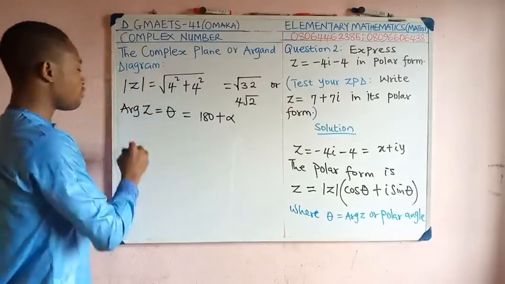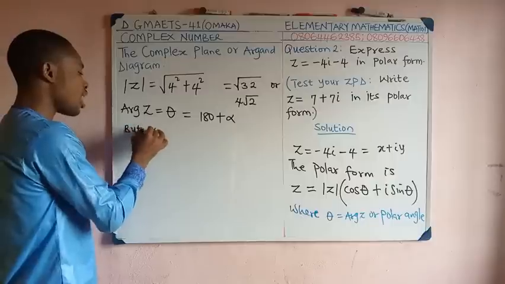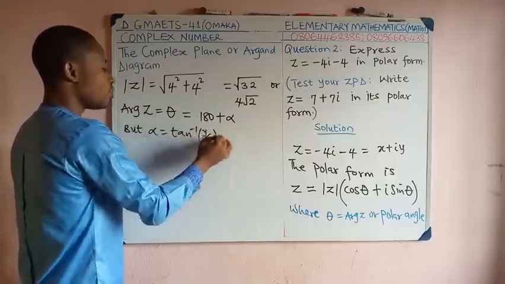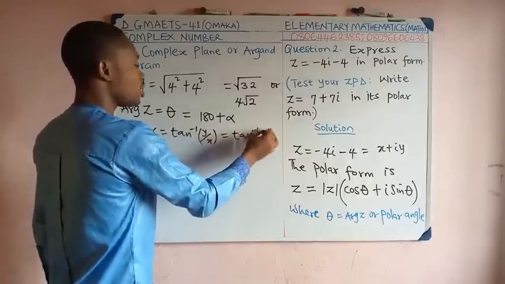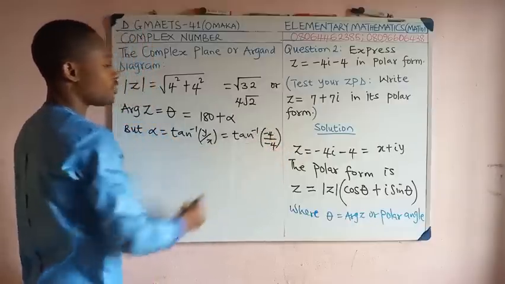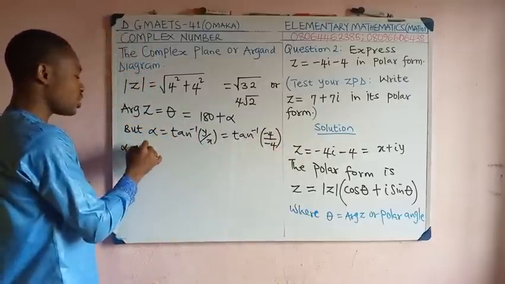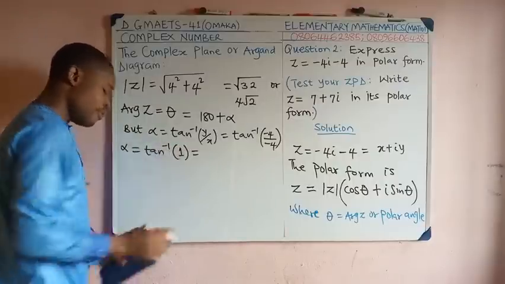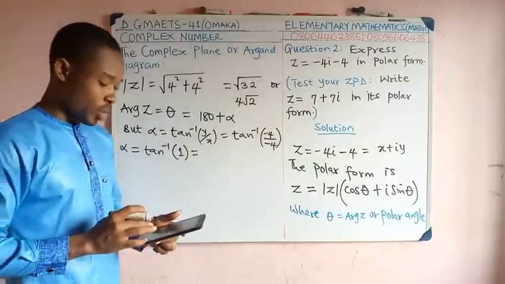And how do we get alpha? We know that alpha is equal to tan inverse of y over x, which is equal to tan inverse of minus 4 over minus 4, which is the value of x. So alpha is simply tan inverse of 1. Tan inverse of 1 is going to give us what? 45, I guess, right?